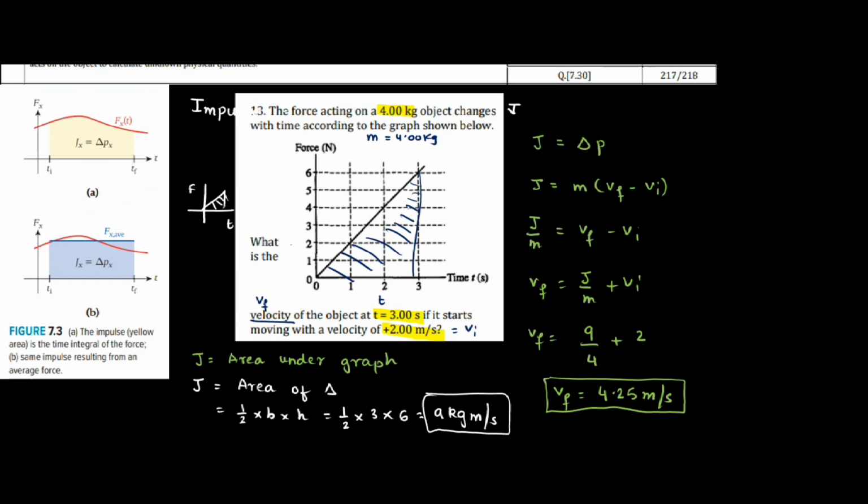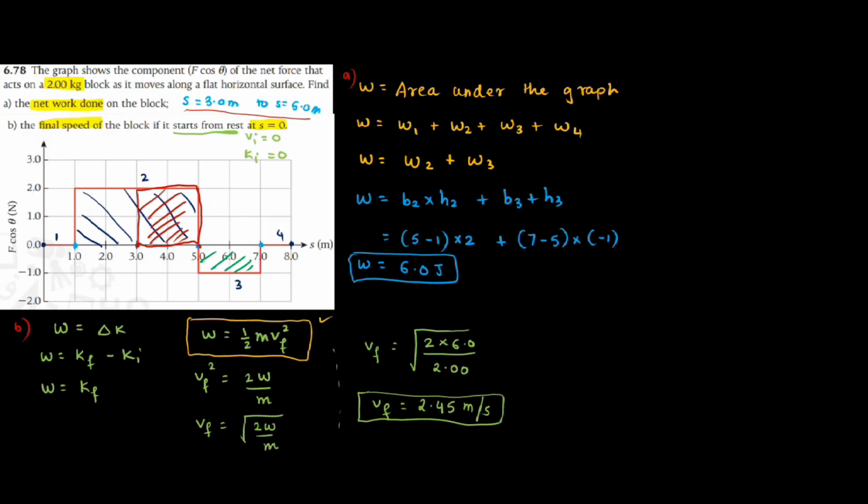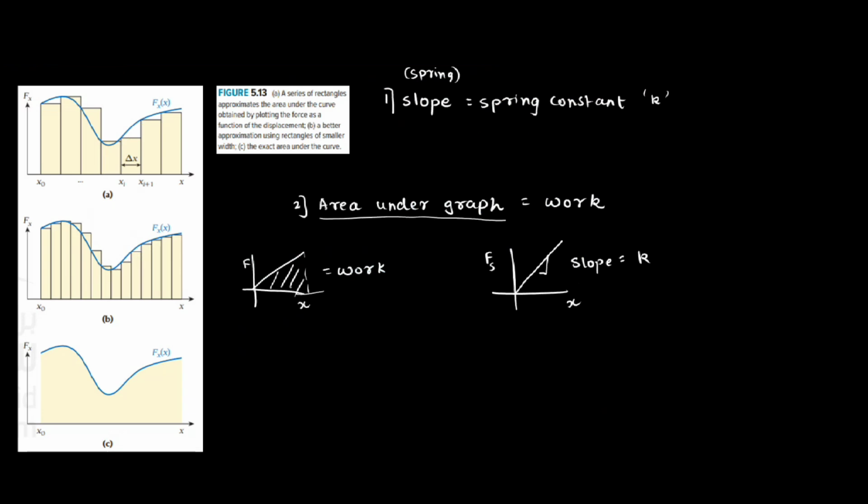So this is how you use a graph to solve a problem. The two most important things you can use from the graph are its slope and the area. Depending on what kind of graph it is, what you find from the area will change. If it is force versus displacement, the area under the graph is work done, and if this force was spring force, the slope of the graph will give you the spring constant.